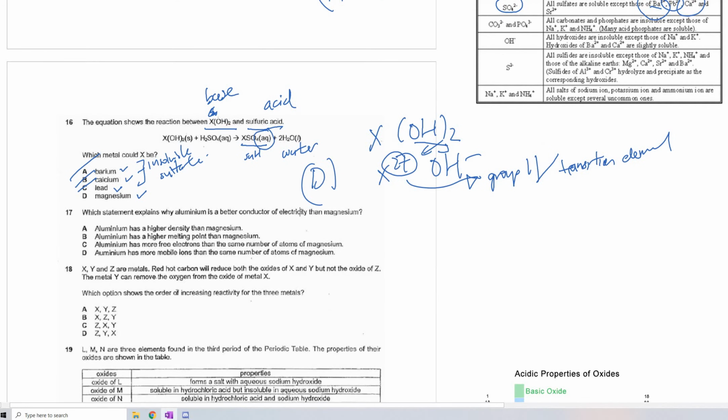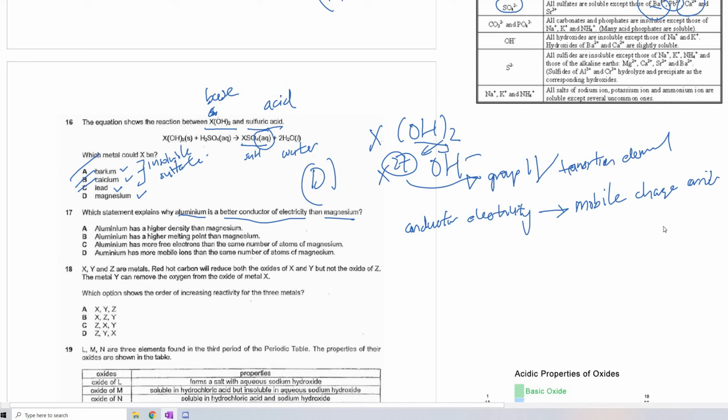Okay, question 17. Which statement explains why aluminium is a better conductor of electricity than magnesium? Alright, so for you to be able to conduct electricity, we need to have something called a mobile charge carrier.